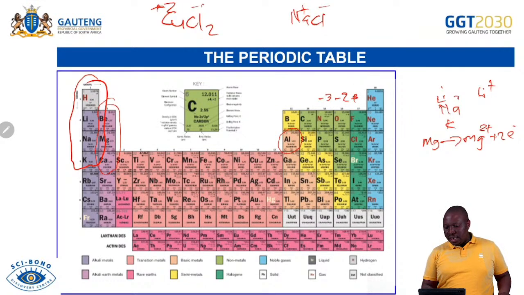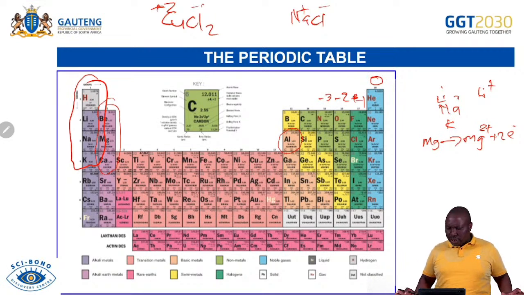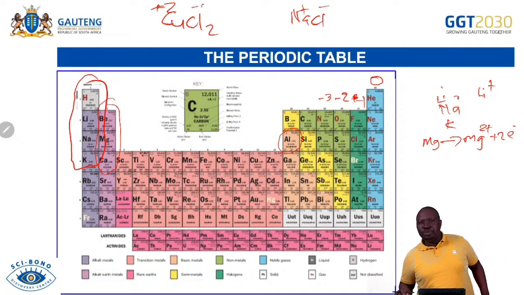Group 18, we refer to them as noble gases. They are inert, they are not reactive, so they cannot gain or lose electrons because they are fully filled. So in real essence, when the metals look at group 18, they would like to be like group 18.